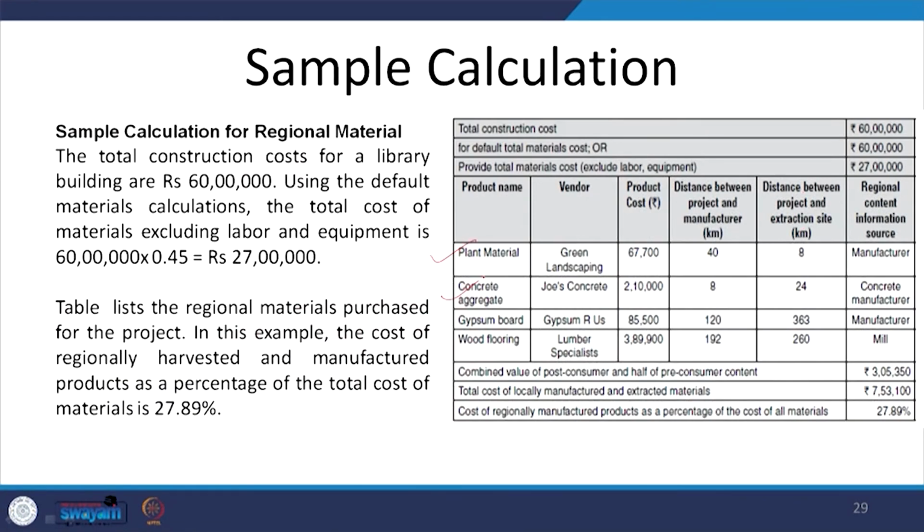So, we can identify the different materials which are going to be procured, and then we identify the distance between the project and the extraction site, and then we see how much of this material can be called regionally procured or locally procured material, and we calculate the total cost of this material which is regionally procured as a percentage of the total material cost for the project, for showing the compliance.